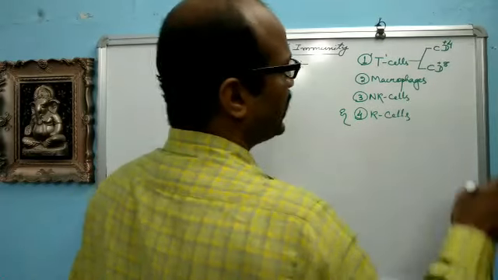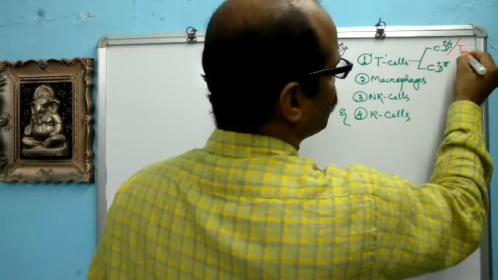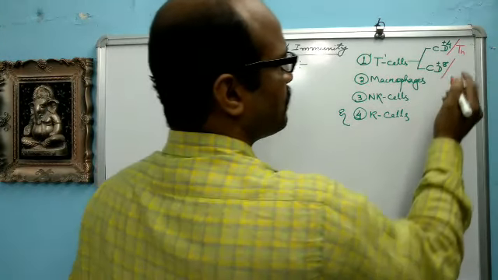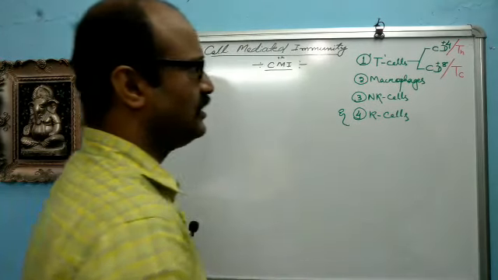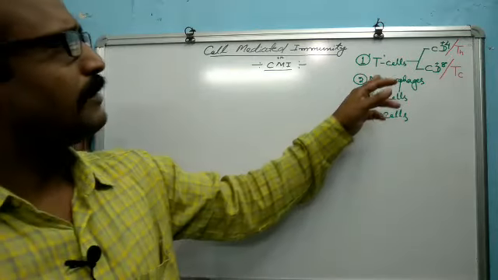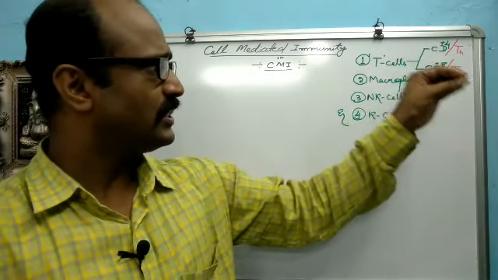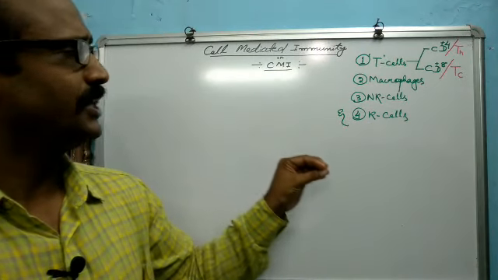The CD4 cells, on the basis of their function, are known as T helper cells, and the CD8 cells, on the basis of their function, are known as T cytotoxic cells. So several types of T cells are present, but mainly CD4 and CD8 cells are involved in cell-mediated immunity.